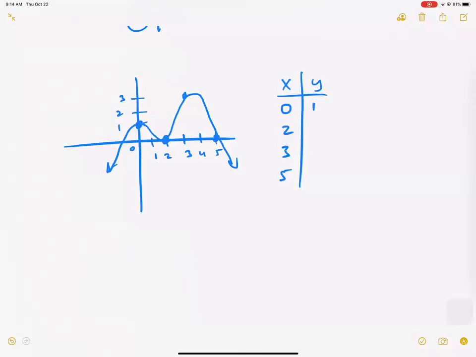When x is 2, y is 0. When x is 3, y here we said was 3. When x was 5, y is 0. Simply just filling it out.